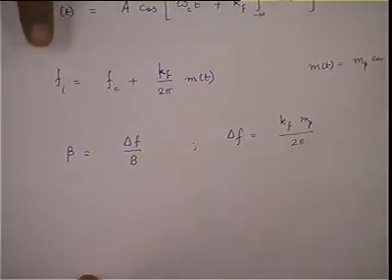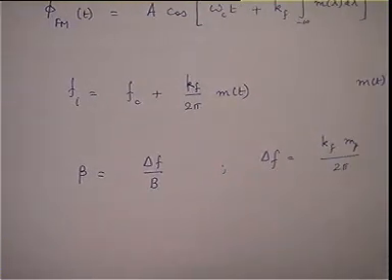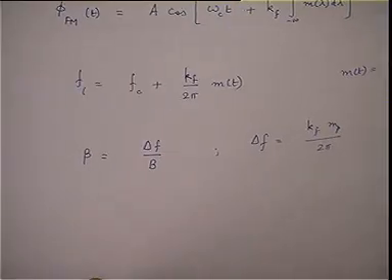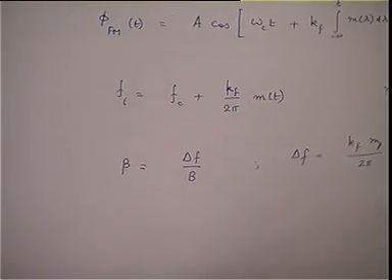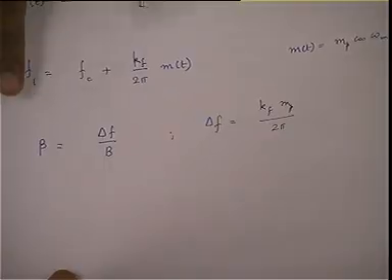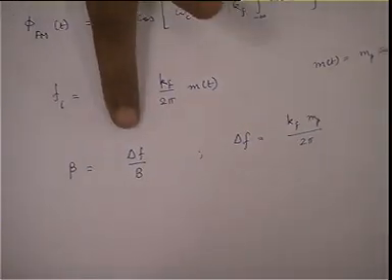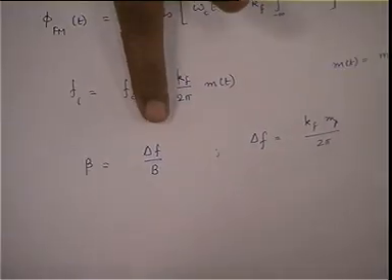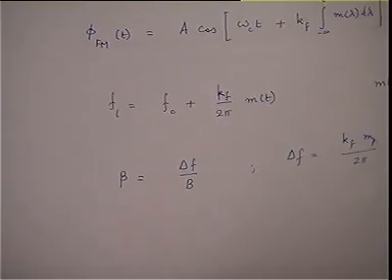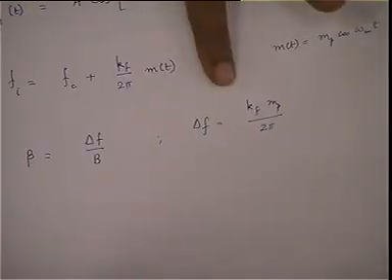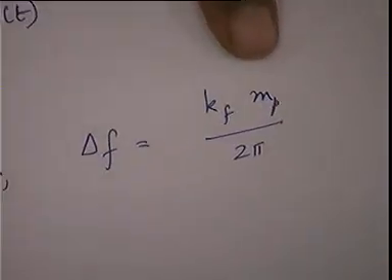Now we define a quantity called beta, which we call the modulation index. In the case of amplitude modulation, we defined a quantity called mu, which was a modulation index. In this case, beta is called the modulation index, which is given by delta f divided by B. Delta f is called the frequency deviation, which is given by k_f by 2 pi times Np.